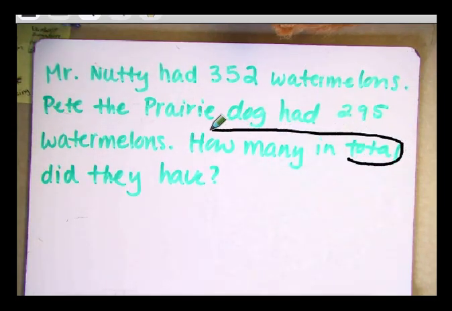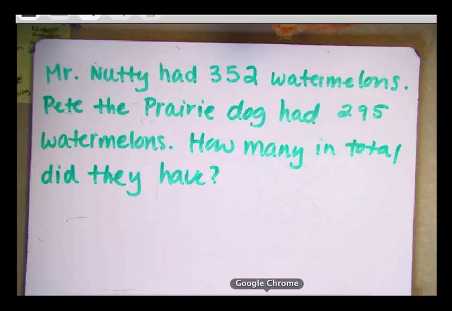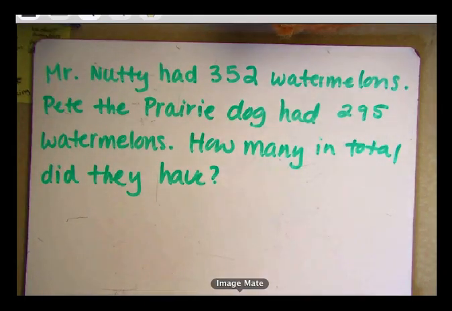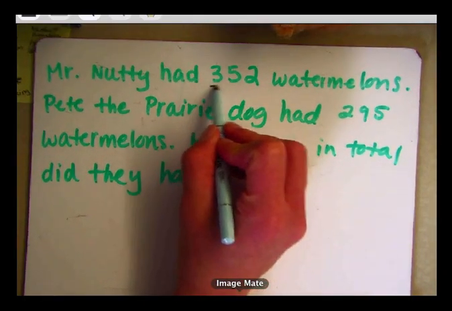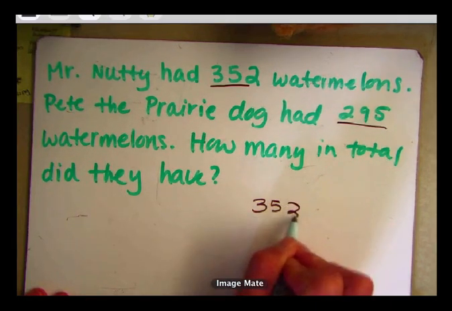How many in total? Sounds like a keyword to me. So let's go look at our chart here. And lucky for me, I find total over here. So it looks like I have to add. And it looks like I have two numbers already that I could add. 352, 295. So I'm going to add.